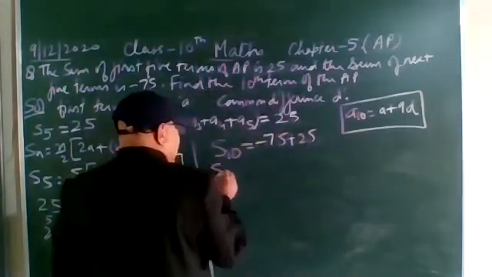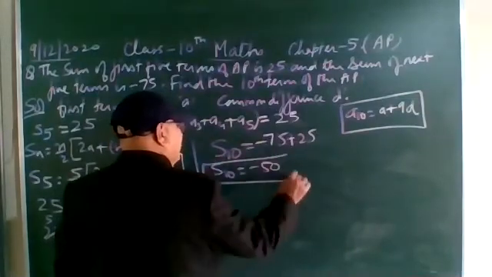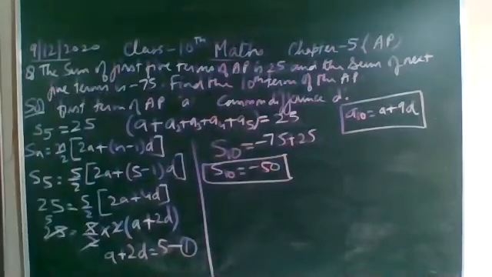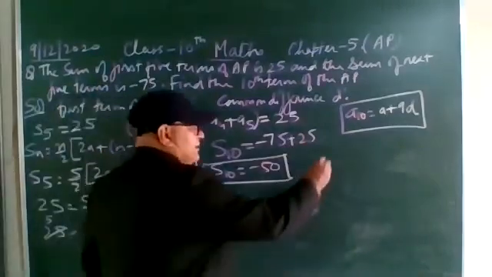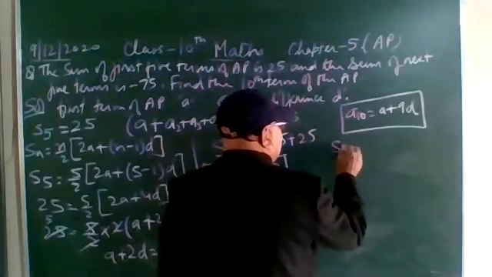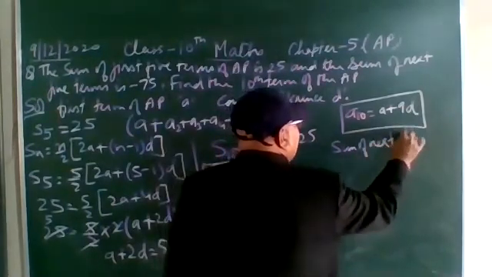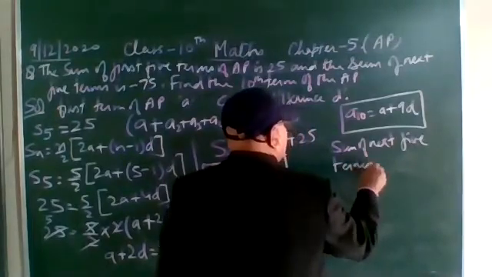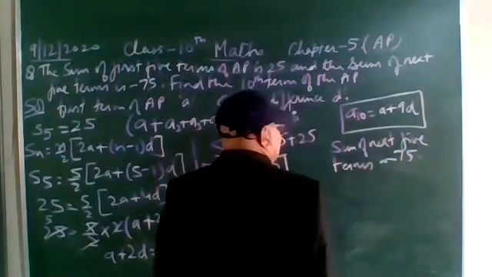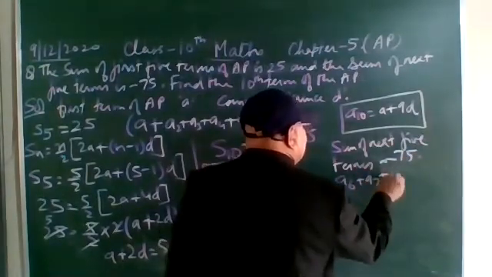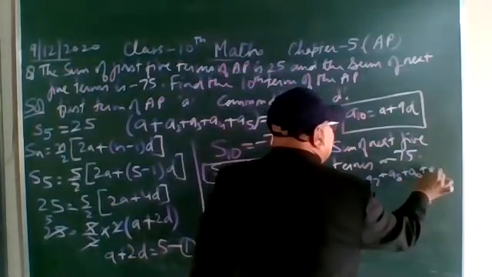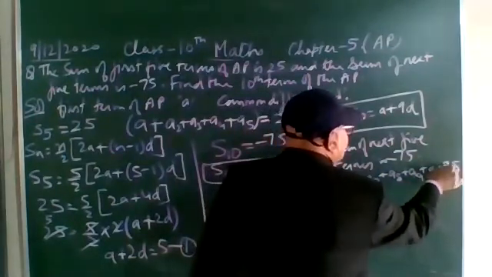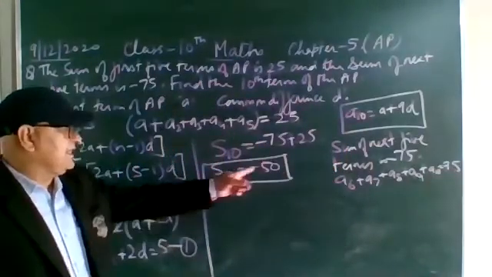So S10 = -50. The sum of the next 5 terms is -75, that is a6 + a7 + a8 + a9 + a10 = -75. So S10 is -50.